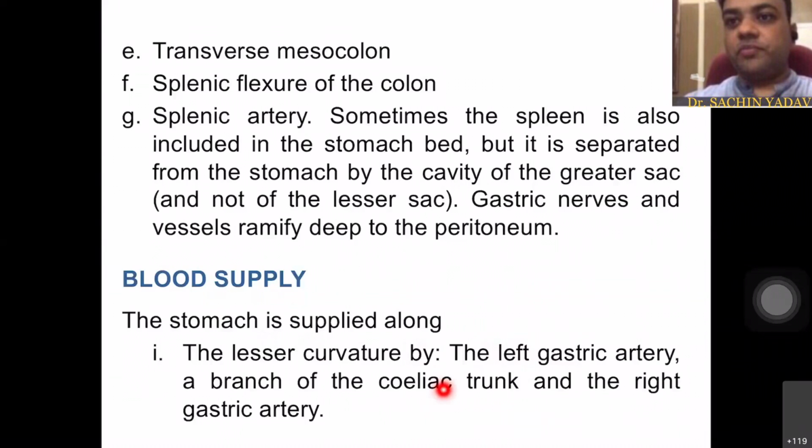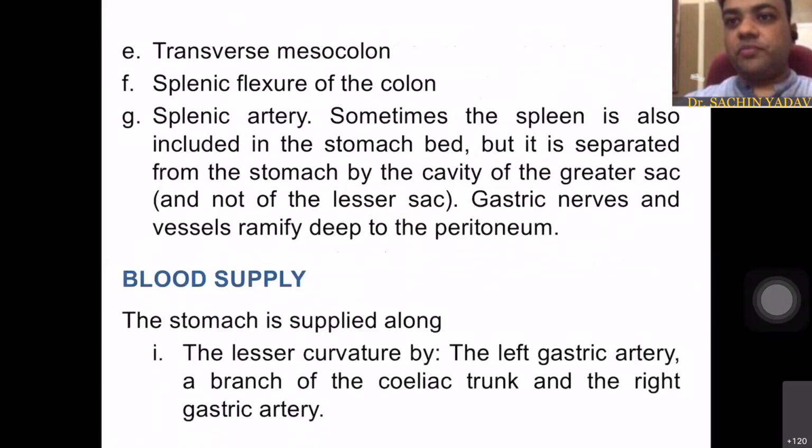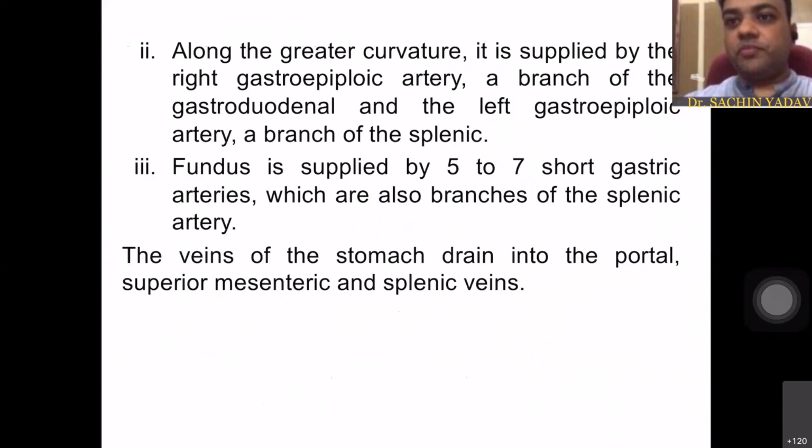In the upper part, near the fundus, it is supplied by the short gastric arteries, which are also branches of the splenic artery. These 5 to 7 short gastric arteries and the left gastroepiploic are branches of the splenic artery. The splenic artery, in turn, is a branch of the celiac trunk, which also gives rise to the left gastric artery. The right gastric artery is derived from the common hepatic artery. I will show you in the later diagrams.